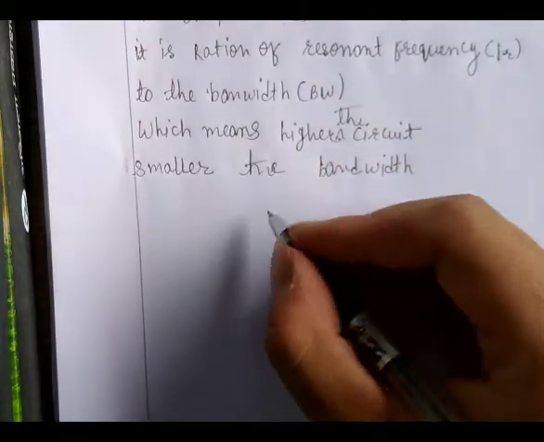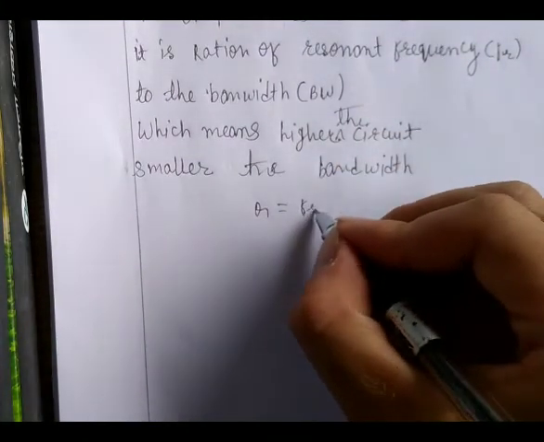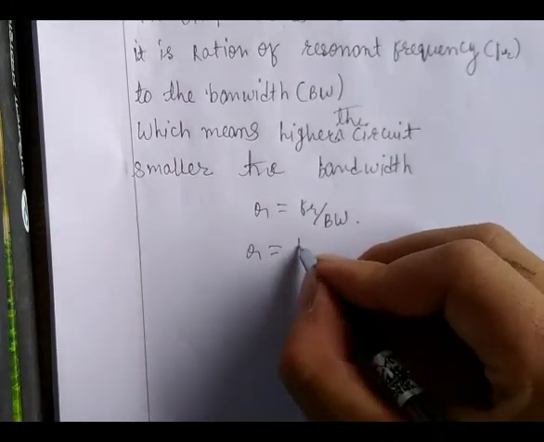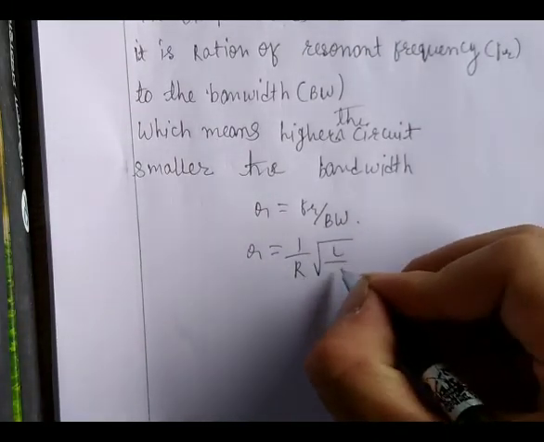Its expression is Q equals FR by BW, which means bandwidth, and Q equals 1 by R under root L by C.